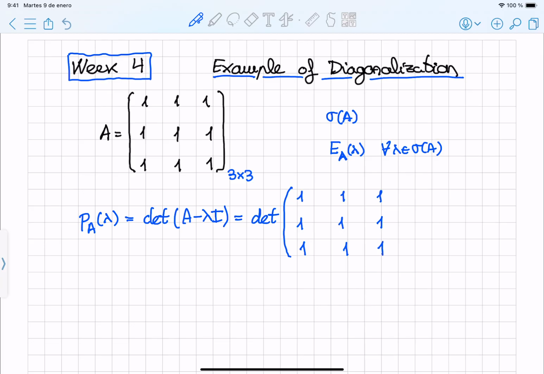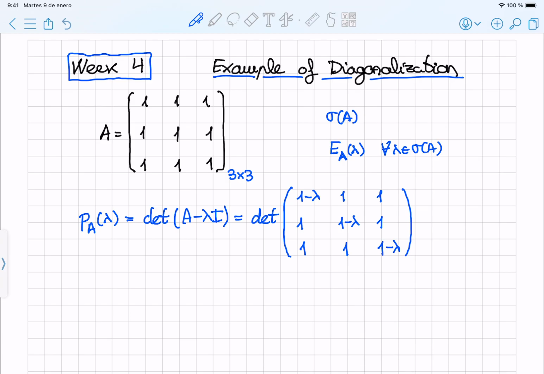But now in the main diagonal, we are subtracting lambda. Subtracting lambda from the main diagonal is exactly the same as subtracting lambda times identity. So this is the matrix, and now we have to compute the determinant.